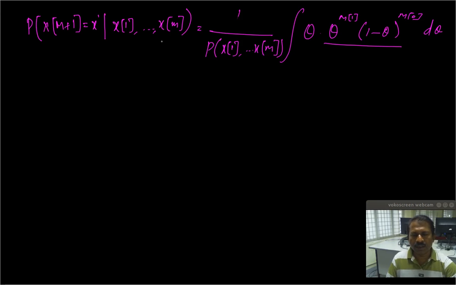So this is nothing but the Bayes theorem, right? Now basically we have updated the likelihood function by multiplying the prior, so that we get the probability value of the next toss.